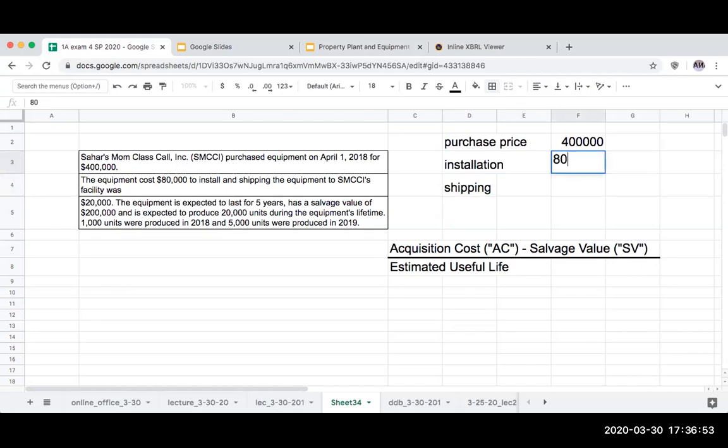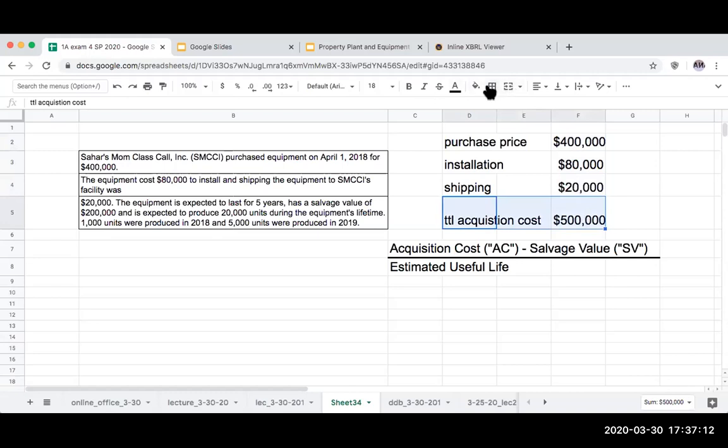The installation cost was $80,000. The shipping cost was $20,000. So my total acquisition cost is going to be $500,000. Right over here, it's my total acquisition cost.